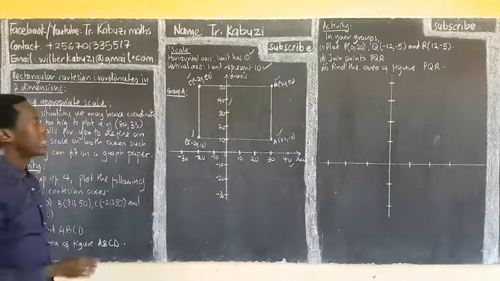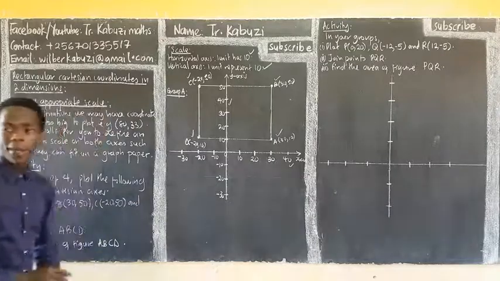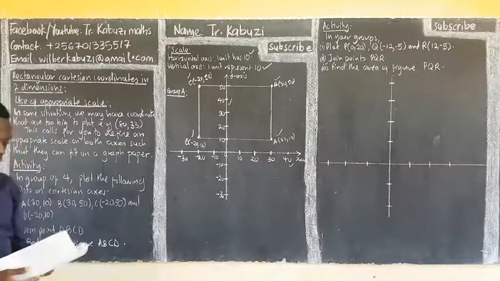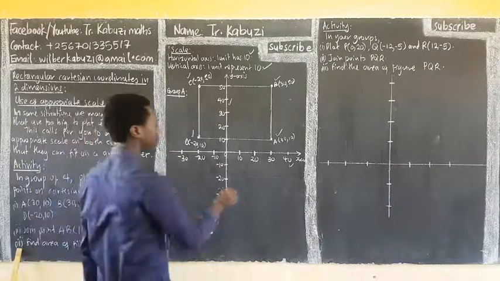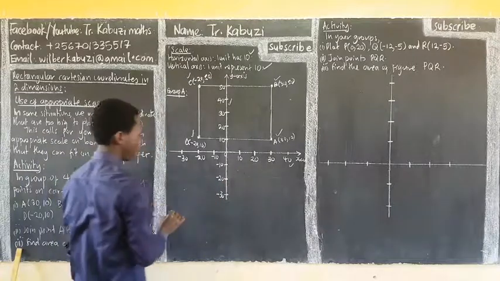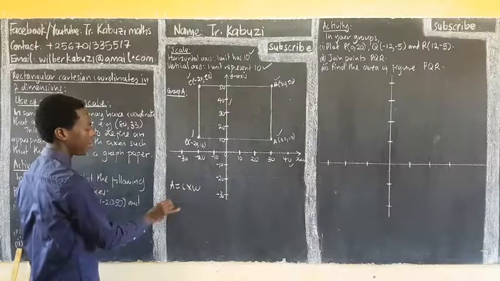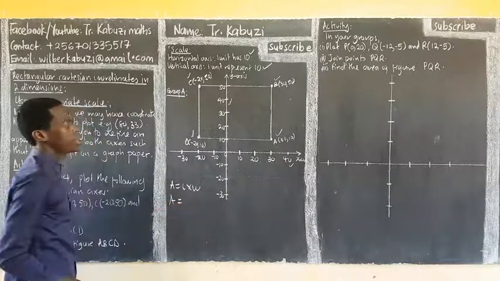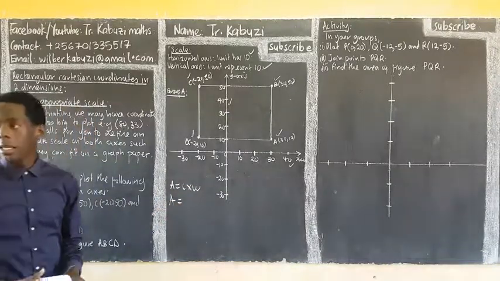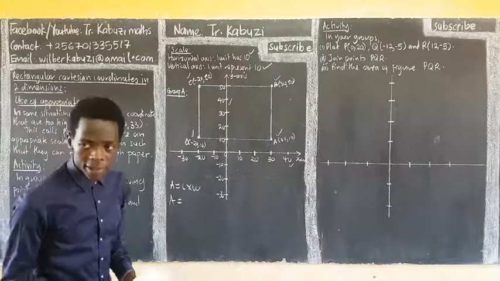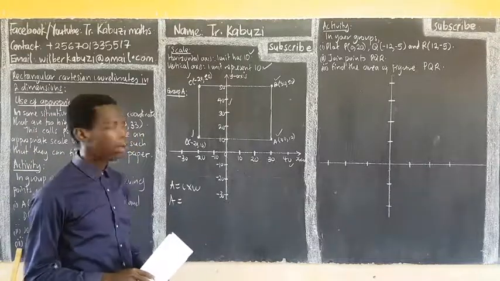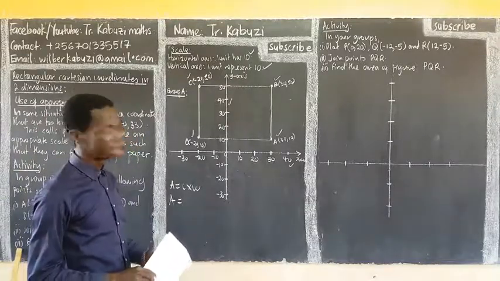So to get the area, we said all the work should be done on the graph. So, like they are doing, they are saying area is equal to length times width. What is our length? How did you get the length? You counted from where to where?